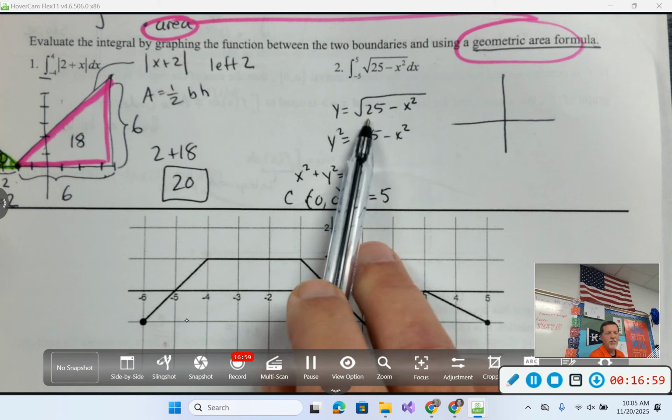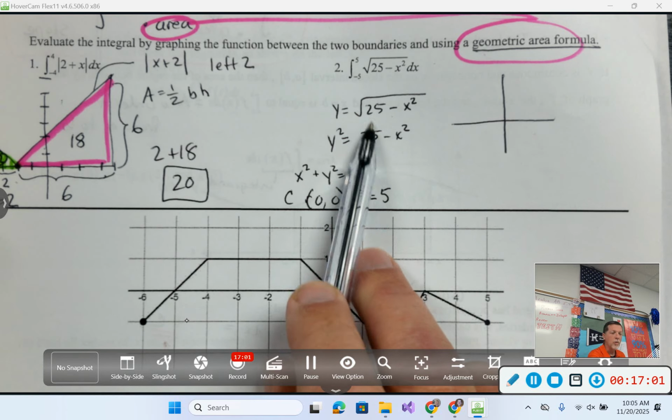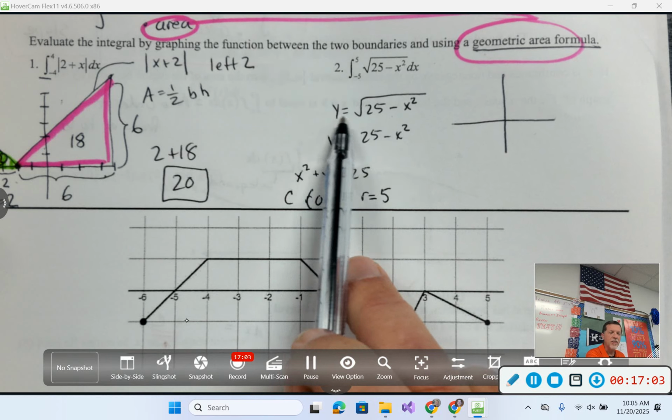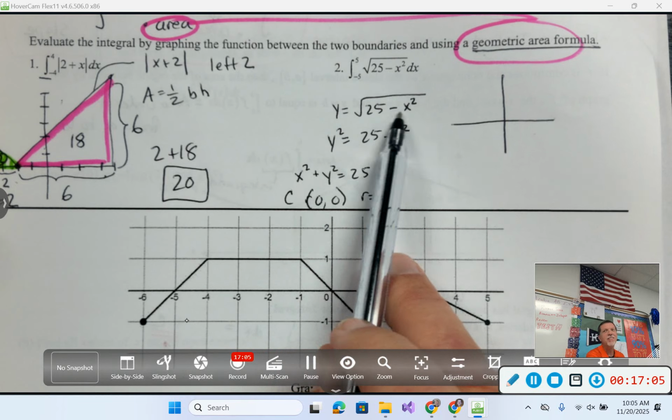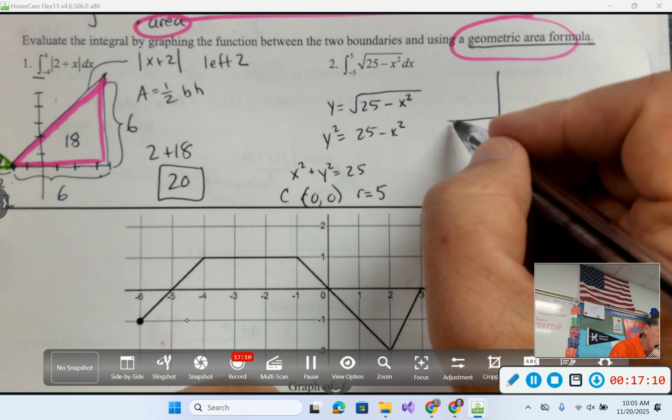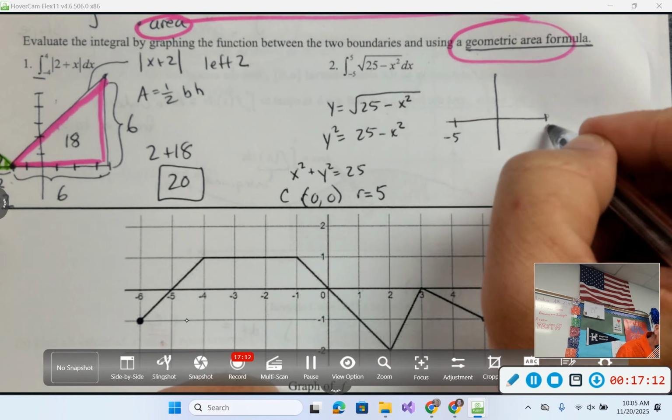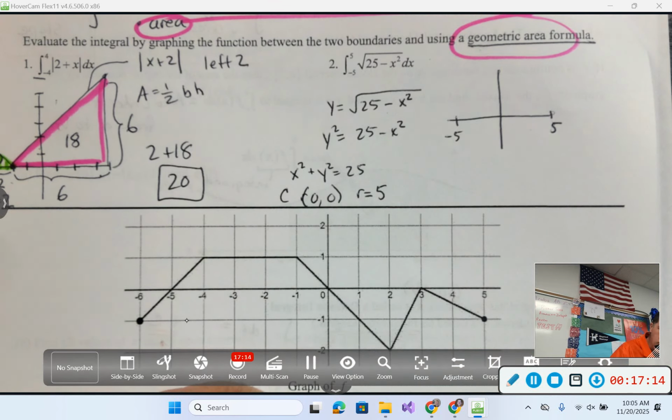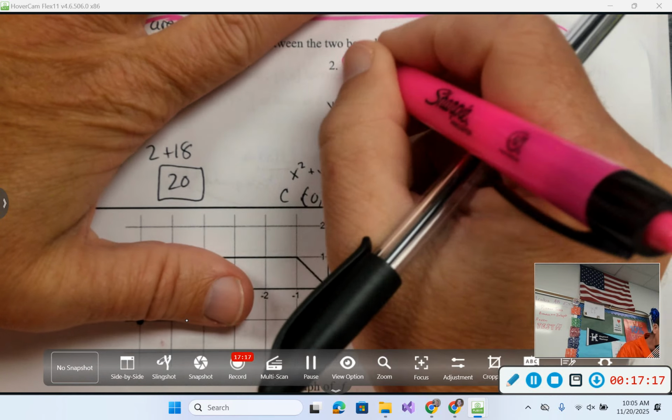Now, let's be careful when we graph this. We glossed over something here when we squared both sides, or when we take the square root going the other way. This is only the positive side, so it's only the top half of the circle. So -5 to 5, which is what it asks for in terms of the limits or the boundaries.